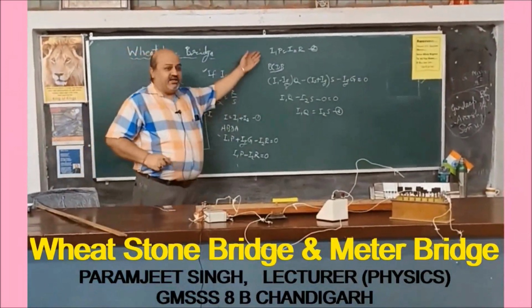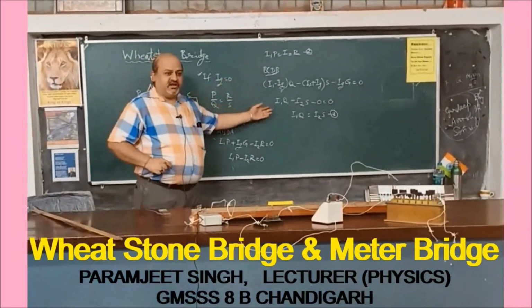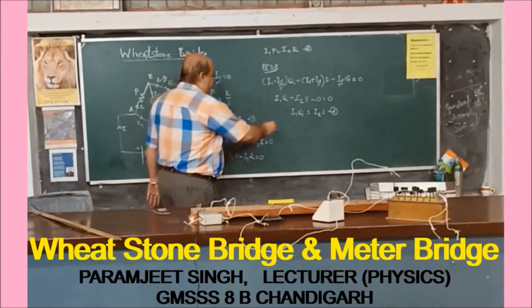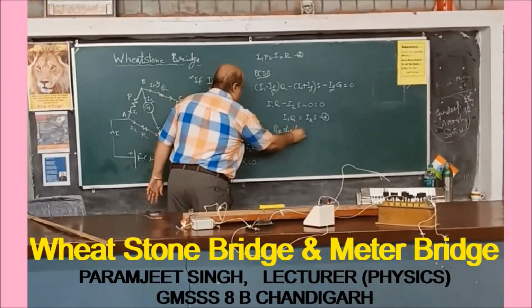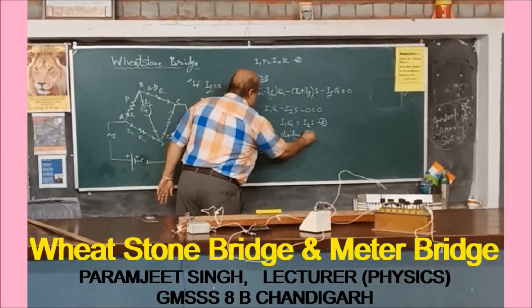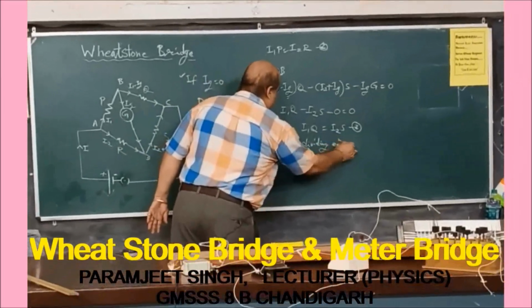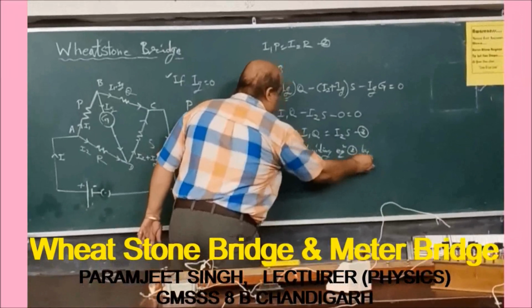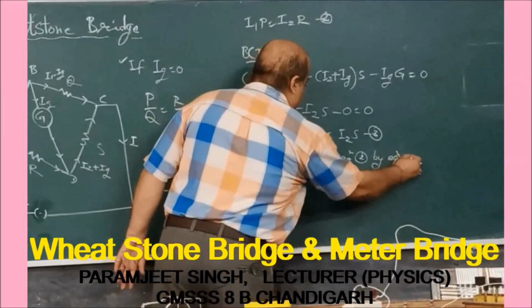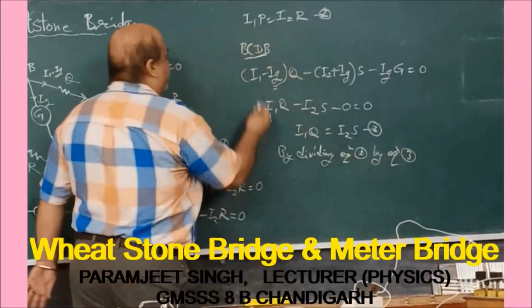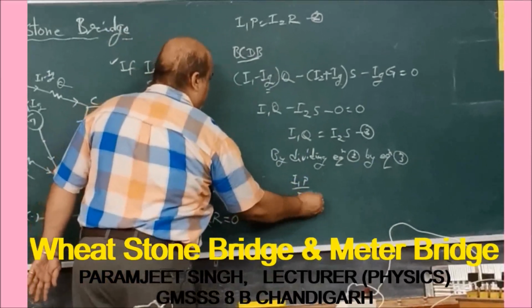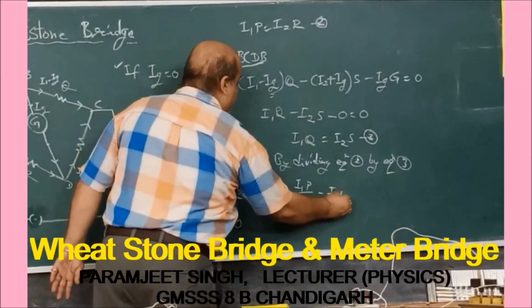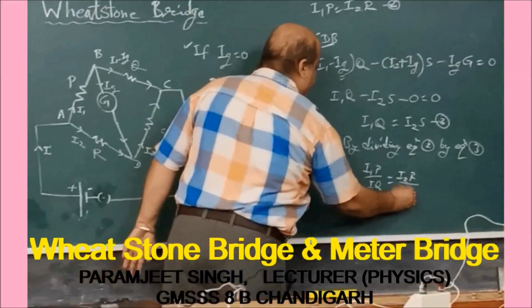So now divide equation 2 by equation 3. I1P divided by I1Q equals I2R divided by I2S.